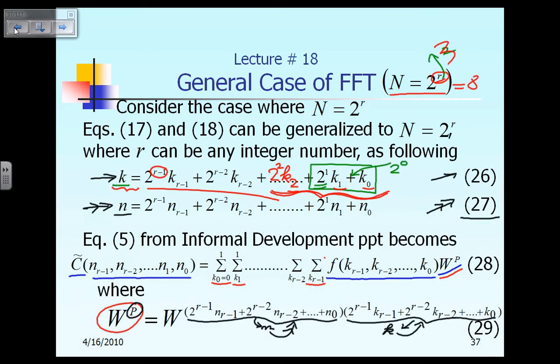Now, according to equation 29, you take the entire first parenthesis, and you multiply with the first product of the second parenthesis. We just want to do that much, okay?